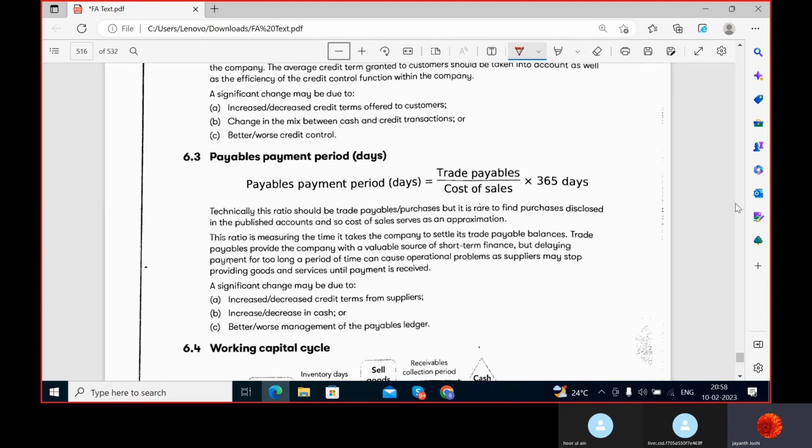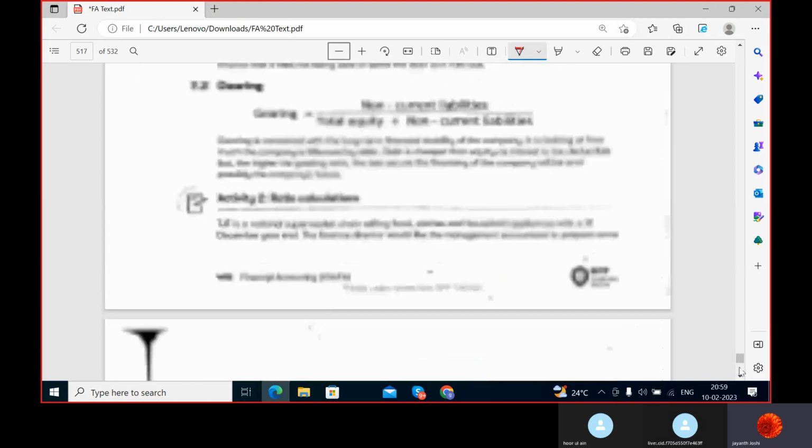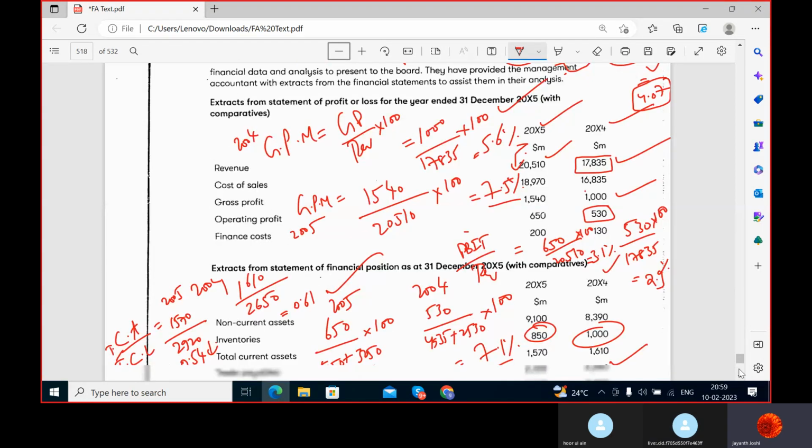Working capital ratio is also called current assets by current liabilities. This is a different name for current ratio. Understood? It's the same thing. So that is also homework for you.